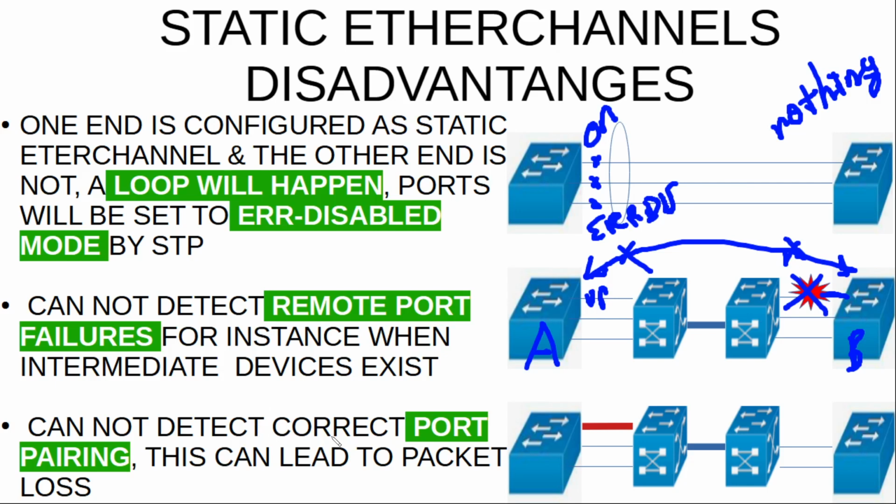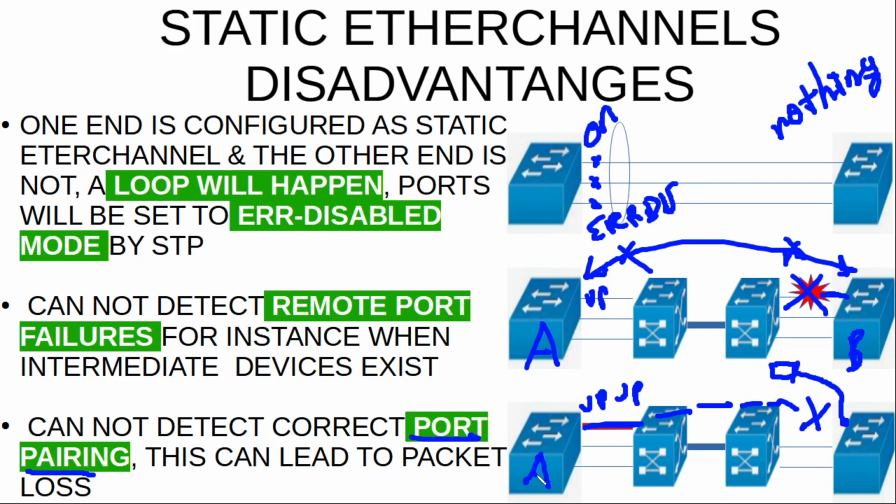And for instance, we cannot do port pairing with static Ether channels. For instance, this interface believes that it is going to get connected to some interface here, but there is nothing here on the other side. However, this interface will be up, and this third interface in this switch could be going to another third device.